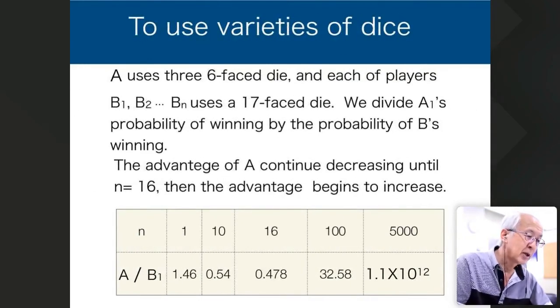In this case, there are many players who use a 17-face die against a player with ordinary dice. Then the advantage of the 17-face die at first continues decreasing until n equals 16, then begins to increase.